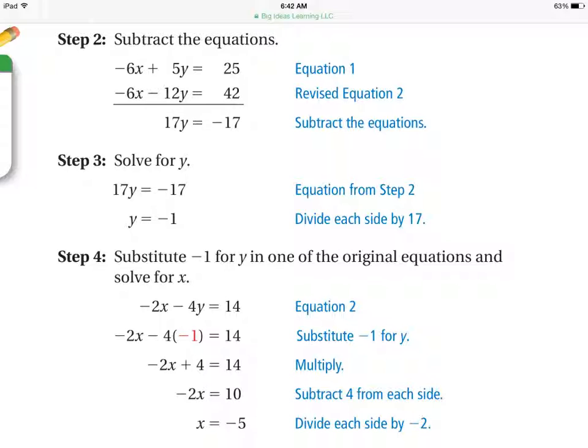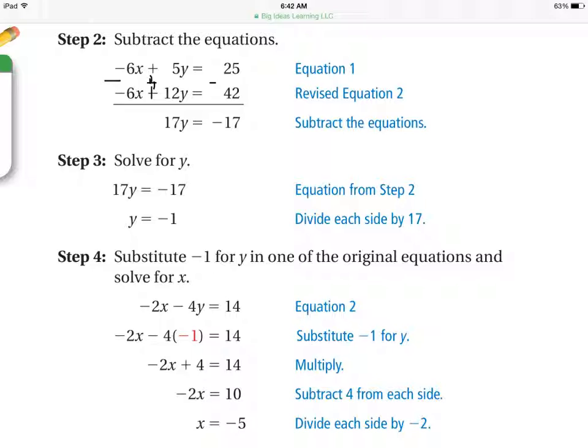As we can see right here, if we subtract these two, we're actually going to get 0x, so we just have 0. Remember, I'm subtracting each one of these. So I will get negative, negative, so that'd be a positive. So I'm adding these together, so I'm getting 17y, and I'm finding the difference between 25 and negative 42, which will come out to be negative 17.